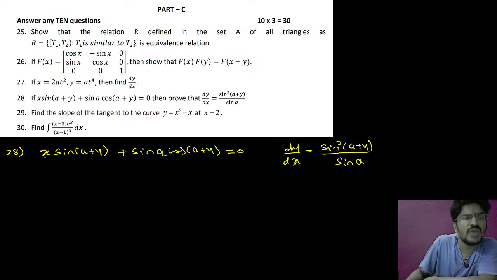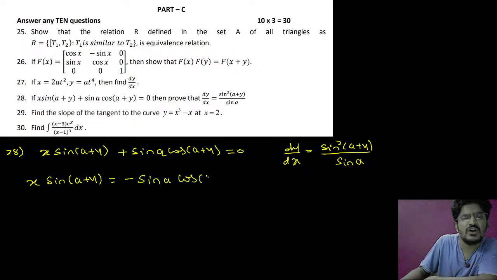Okay, so now you have x sine of a plus y plus sine a cos of a plus y. First I will write x sine of a plus y. I will take this term to RHS, so that will be minus of sine a cos of a plus y. Next I will take sine of a plus y to the other side.